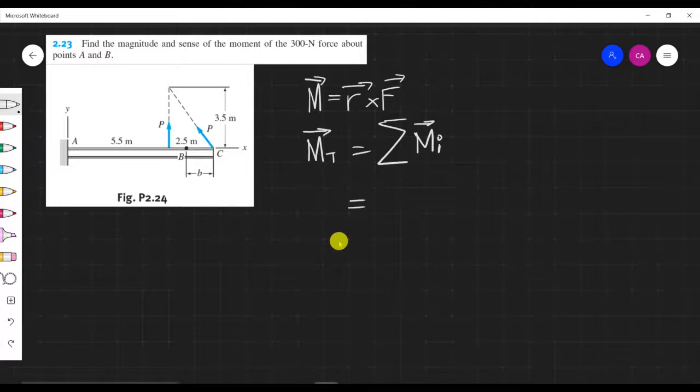So, ibig sabihin yan, kung meron tayong vector, so R sub 1 times F sub 1 plus R sub 2 times F sub 2. Kung marami pa, edi dagdagan mo lang. Basta summation lang. I-add mo lang simply as add. Walang masyadong komplikado sa additional topic na to.